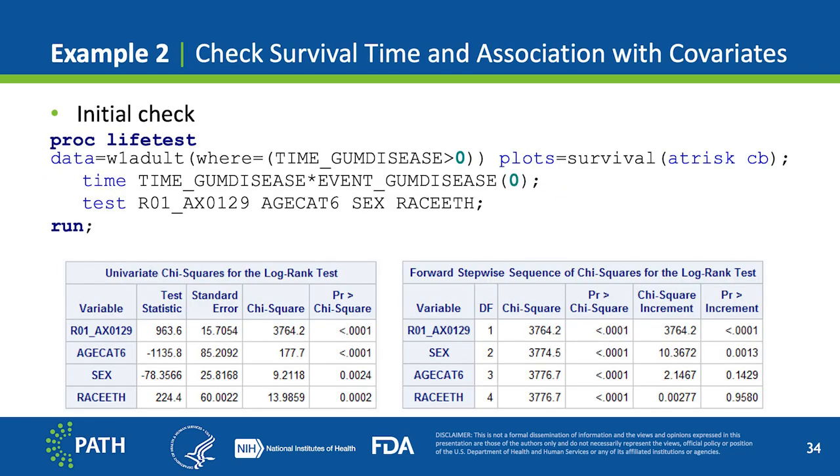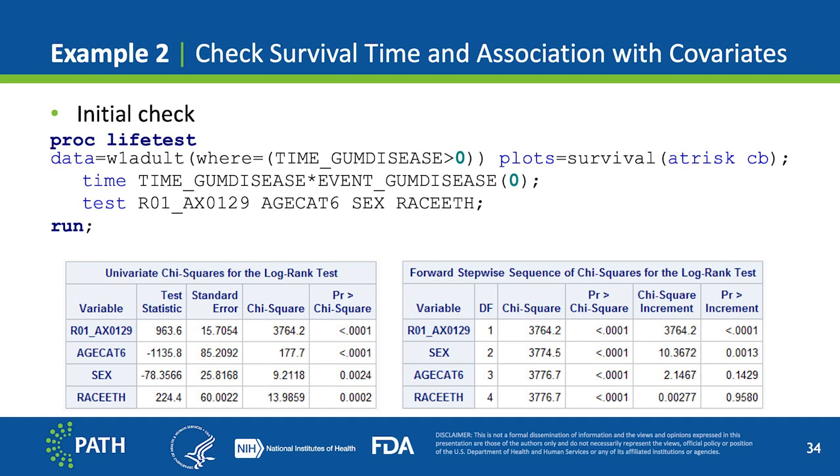We would still like to explore the association between the covariates and the survival time before we run the model. We are using PROC LIFETEST again, and we did the test with the control variable and the 3 demographic characteristics.